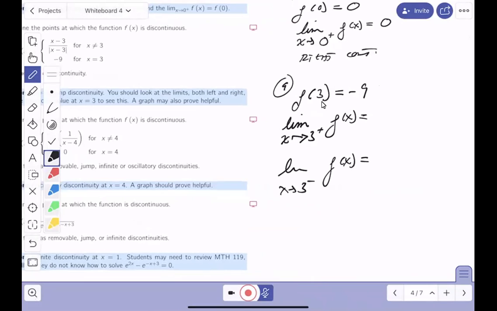I'll tell you what the troubles are. Well, to the right of 3, and let me make sure I write this down for you. The absolute value of x minus 3 is equal to x minus 3 if x minus 3 is greater than or equal to 0, and it would equal the opposite, which would be minus x plus 3, if x minus 3 was below 0.